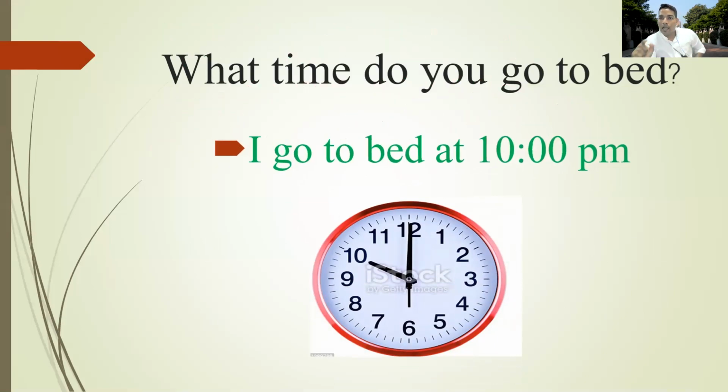I go to bed at 10 p.m. You can tell any time, so when someone asks what time do you go to bed, we can say I go to bed at 10 p.m. Yeah, you can say I go to bed at 11 p.m., I go to bed at 9 p.m., I go to bed at 8 p.m., I go to bed at 7 p.m. We can say like that.